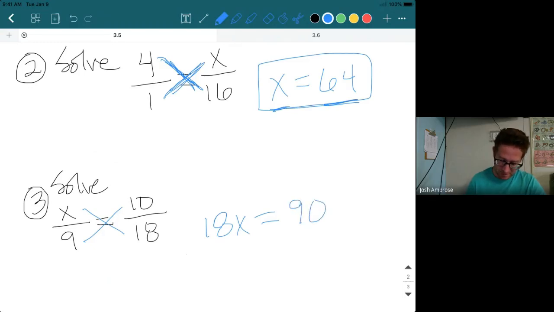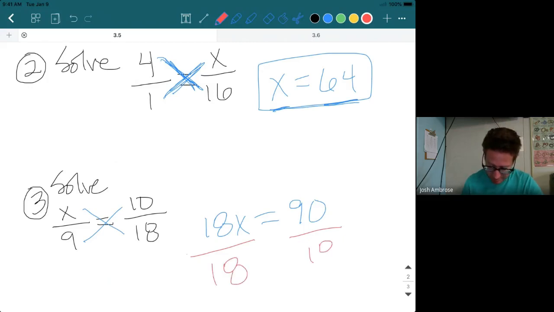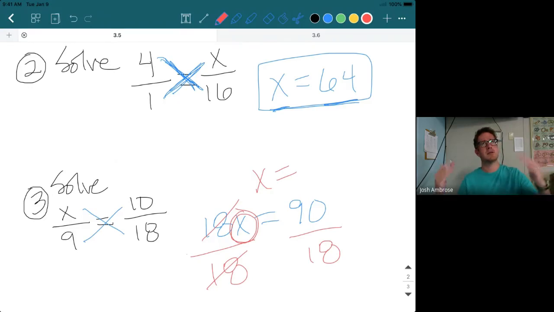Now, we need to isolate the variable. How do you isolate the variable? In this case, we will divide both sides by 18, eliminating the 18, isolating the x variable. And we have 90 over 18. That's not reduced. Let's drop it down.